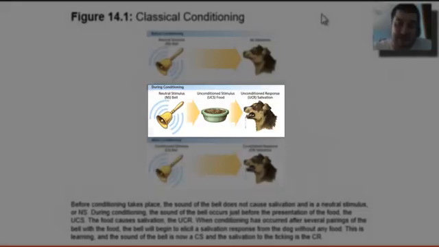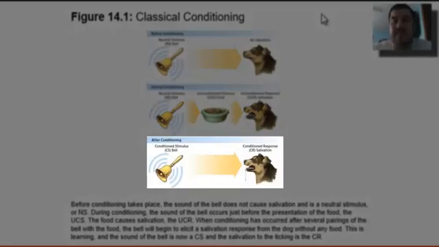And then after conditioning, the bell itself will elicit salivation. So the conditioned stimulus, in this instance the bell, used to be the neutral stimulus, now becomes the conditioned stimulus. By itself, it can bring about salivation, because the dog has learned that the bell is paired with food.